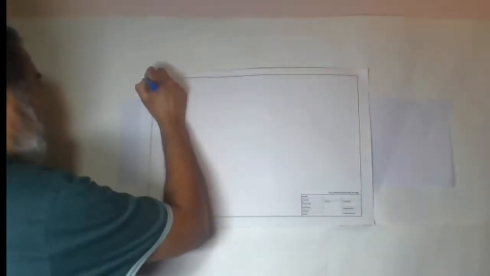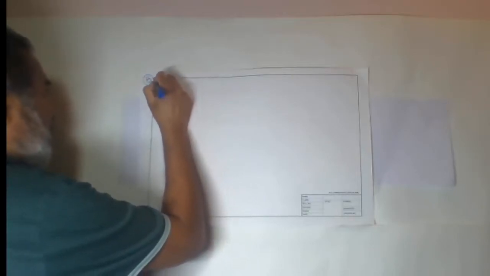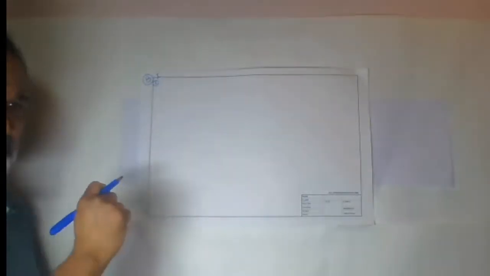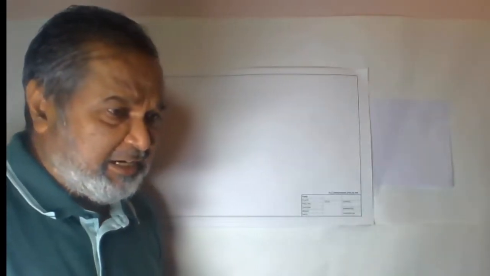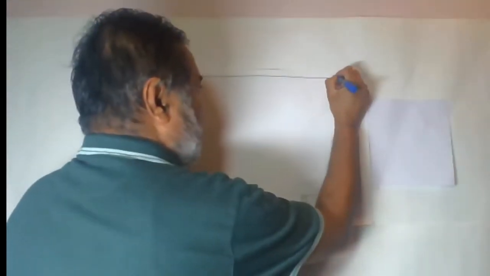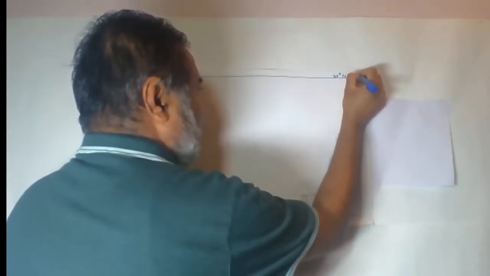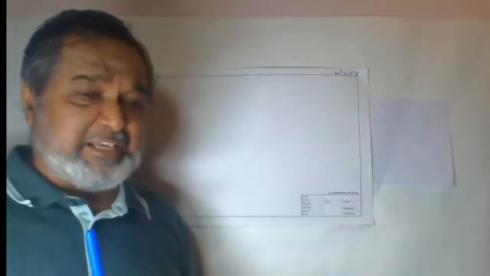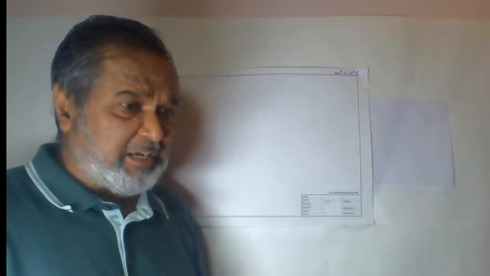So we start problem number 1 in type B. A sandstone bed is found to be dipping at 30 degrees along north 15 degrees east.